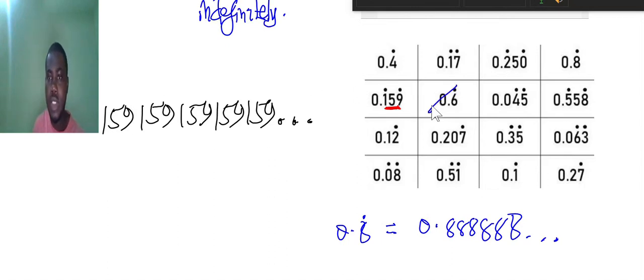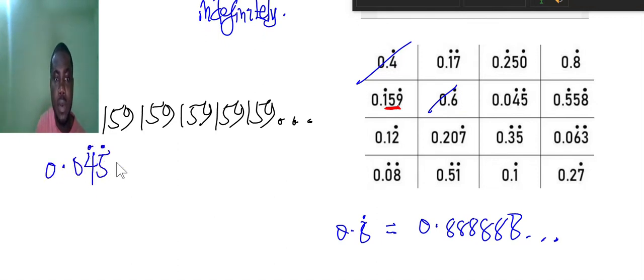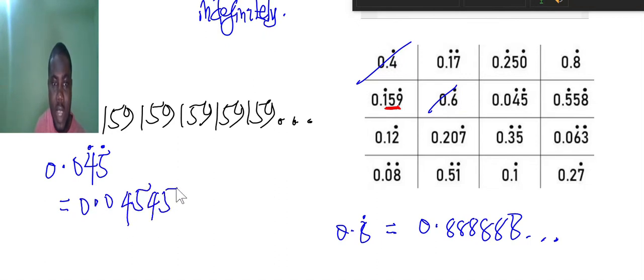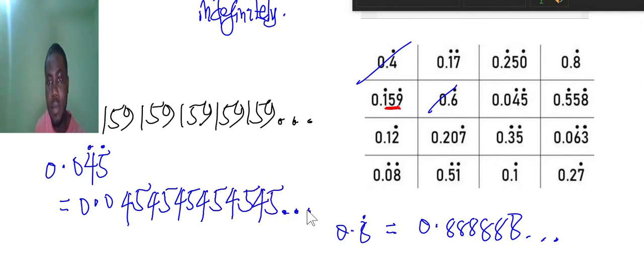This is similar to 0.045. Let's open this up. This is actually 0.0 then repeat 45, 45, 45, like that. Okay, let's move on.